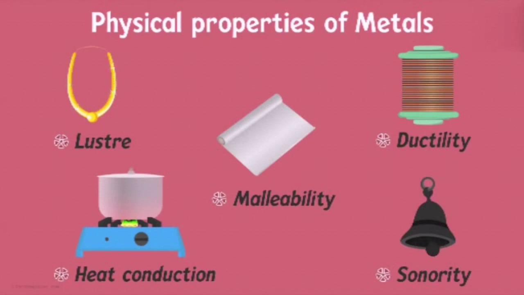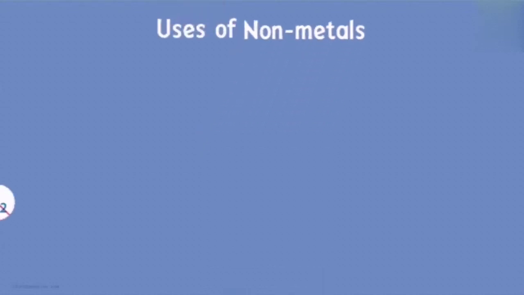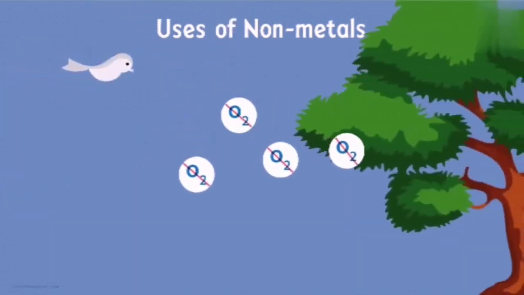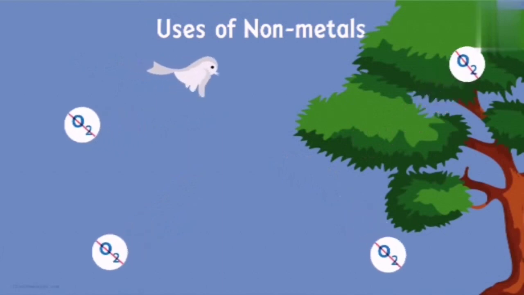So, are metals more important than non-metals? Not really. Even non-metals play a major role in our daily lives. Just imagine that if we had no oxygen in the air, there would be no life.